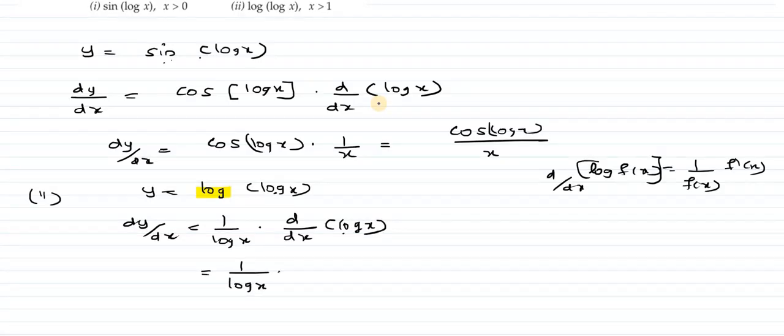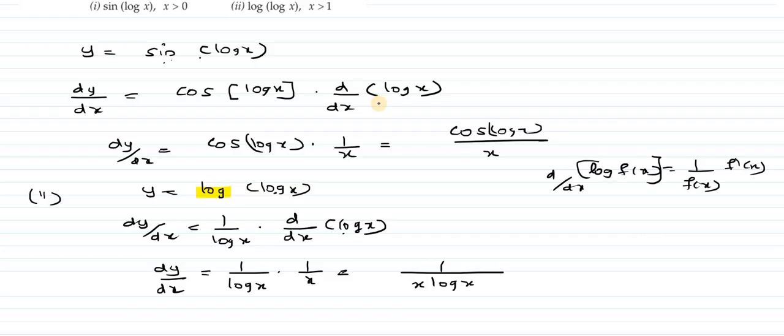Differentiation of log x is what? 1 by x. That's all, you got your answer. When you do step by step, you will never go wrong. Clear? Identify the first function first. Then identify the power. If the power is 1, directly you have to differentiate the function. And then inside, if there is another function or variable, accordingly you have to use the formula. Clear?